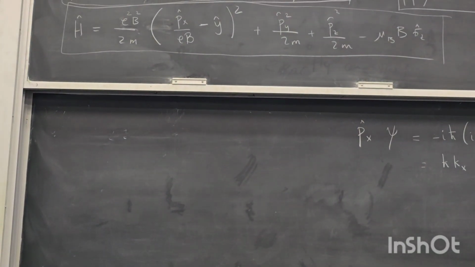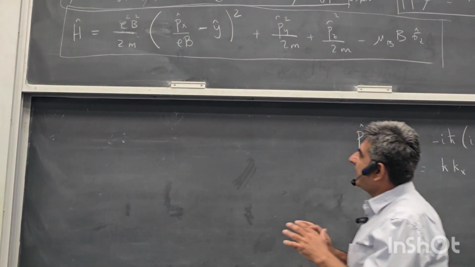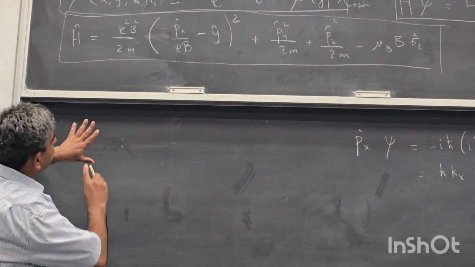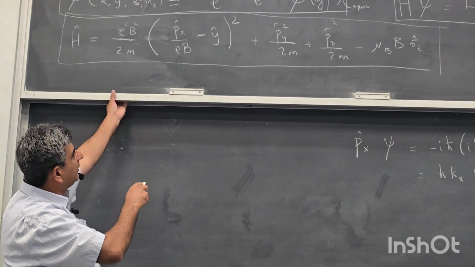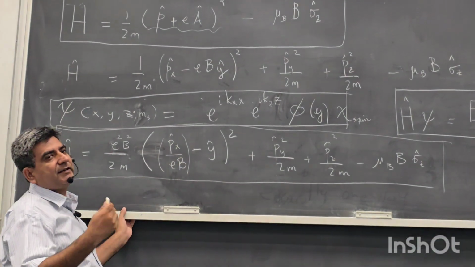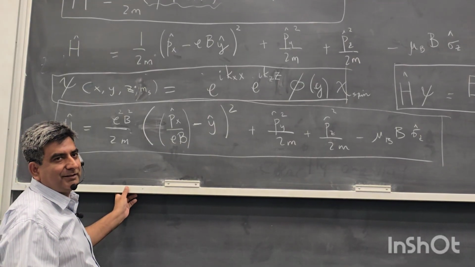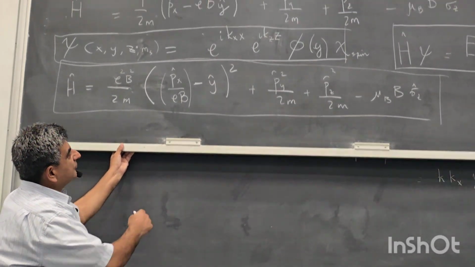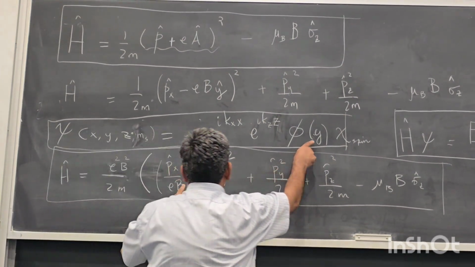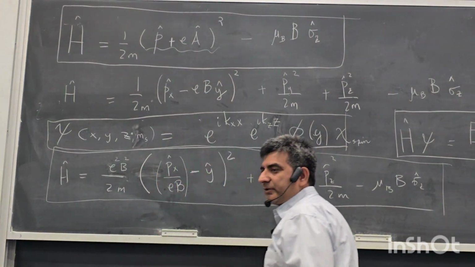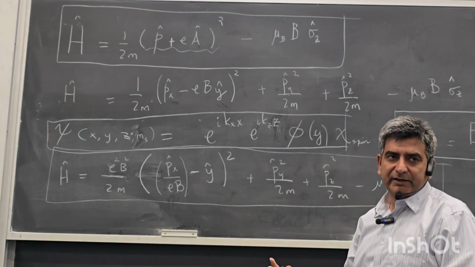All right. So what I could do inside this Hamiltonian, I could replace this Px over Eb by another operator. Since psi is an eigenstate of this operator, instead of the operator I can write down the eigenvalues.